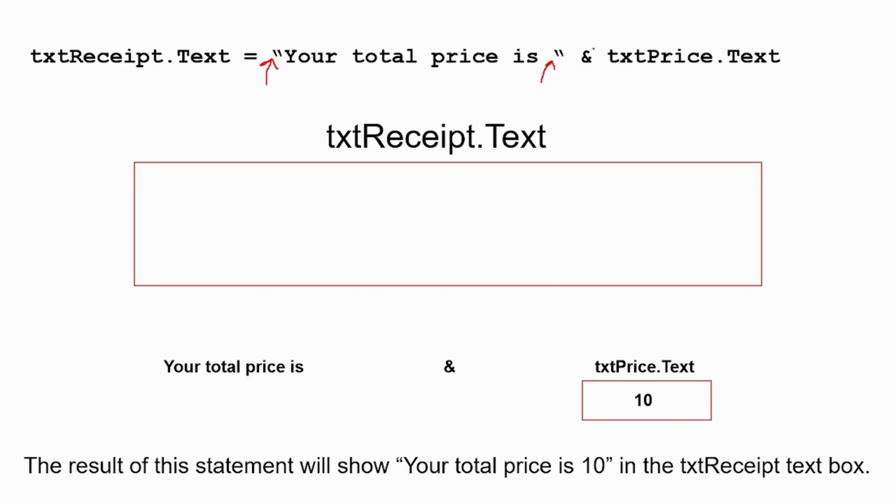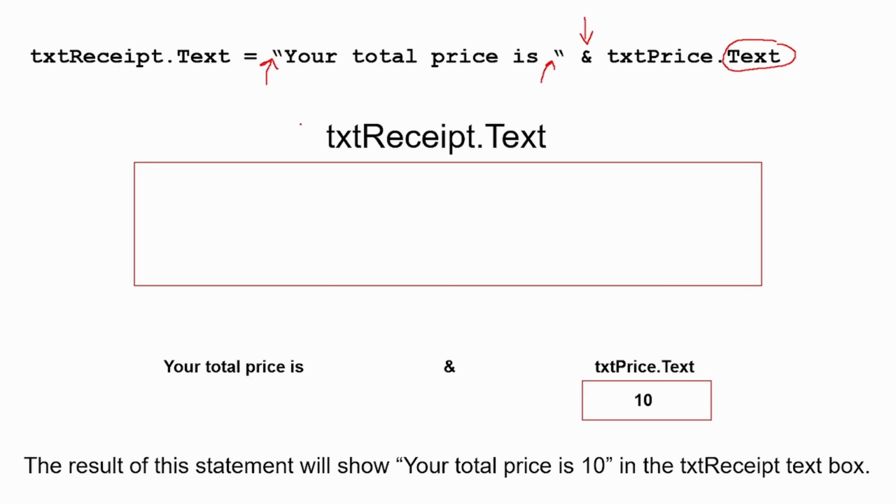Then we're joining that using the concatenation symbol to the text property of txt_price. Whatever is inside the txt_price text box is going to get joined with "your total price is", and that's going to get stored in txt_receipt.text, so it's displayed in the text property of txt_receipt.